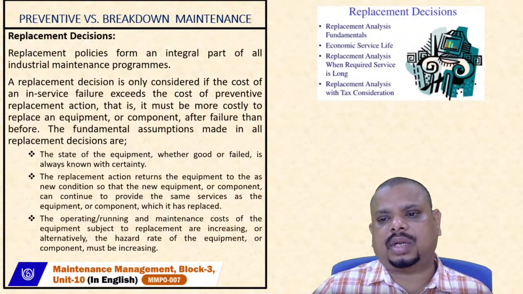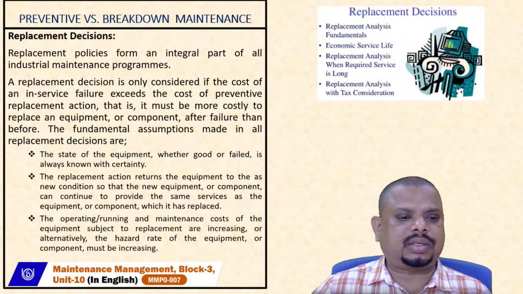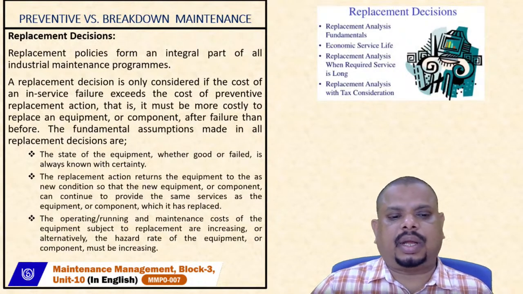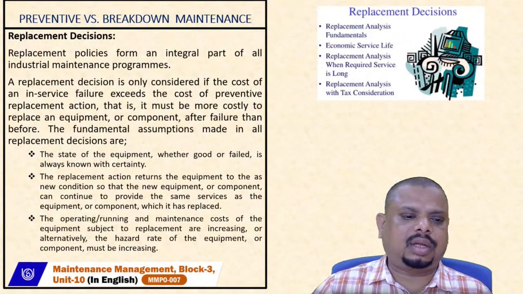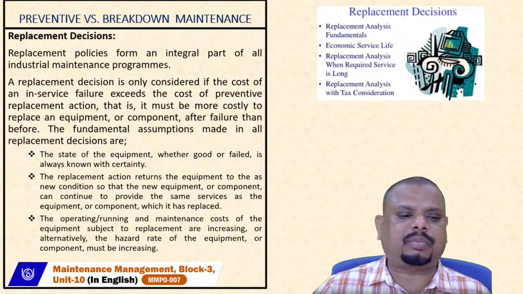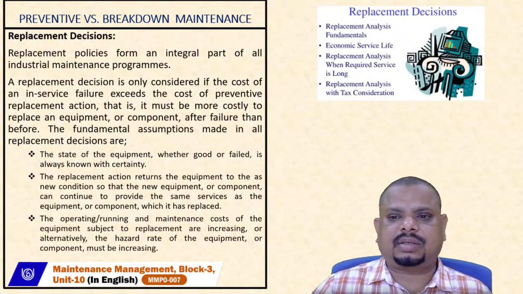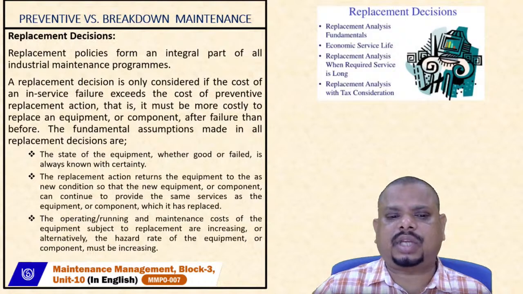First, you have to understand the condition of the machines, that means whether it is good or failed. The second important part is the action taken in case of replacement: whenever you apply these replacement actions to a specific machine, it should be provided in like-new condition or continue the same service provided by the previous equipment.